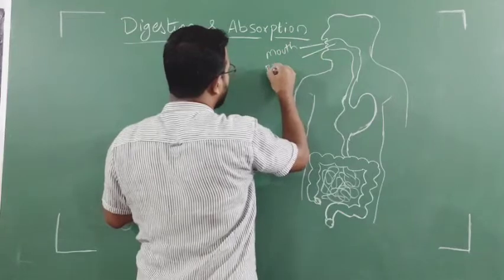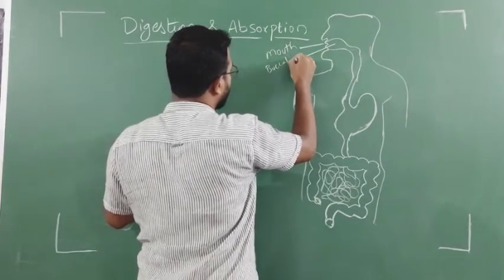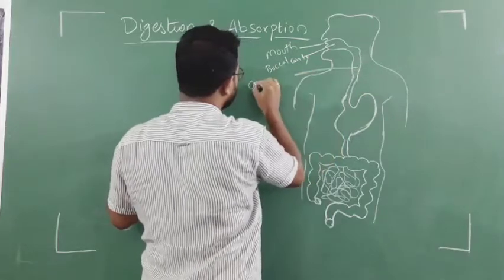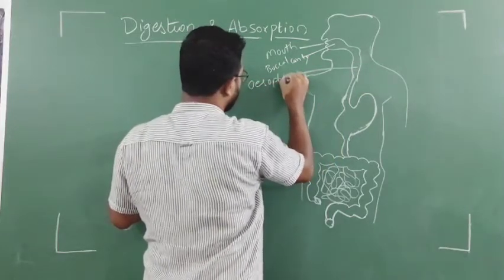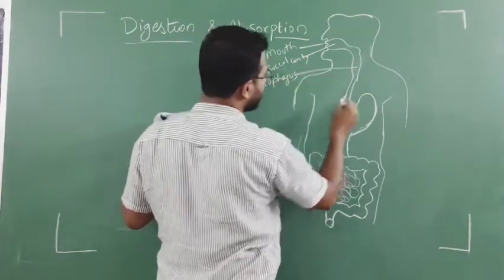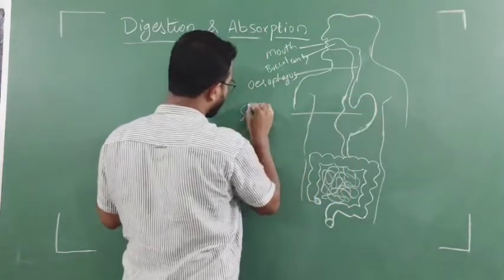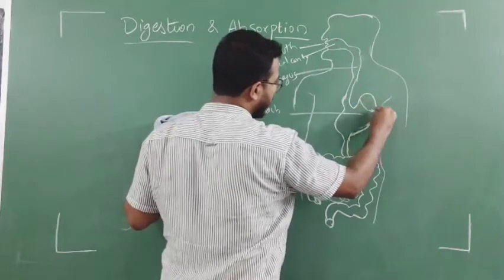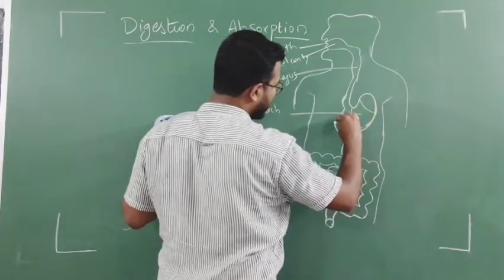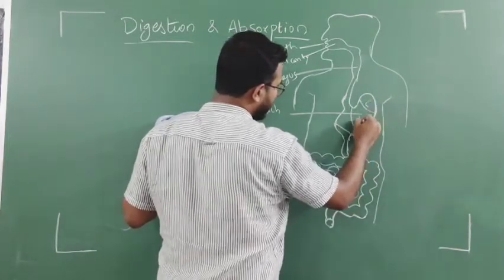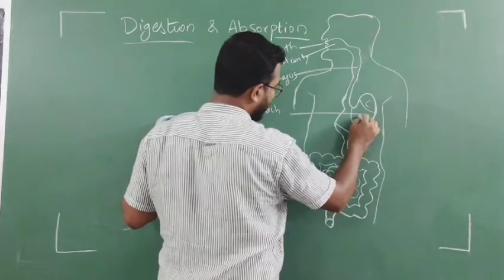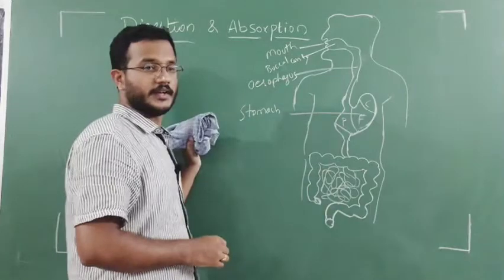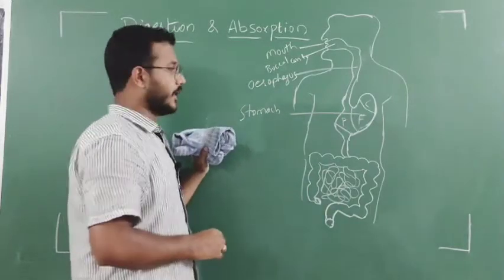So this is the mouth, this is the buccal cavity, this is the esophagus, and this is the stomach. See here, this is the cardiac region of the stomach, the fundic region, and the pyloric region. Understood? Cardiac, fundic, and pyloric.